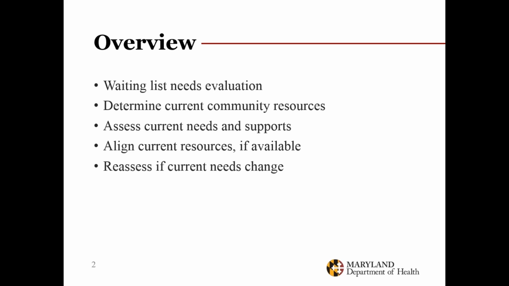This tool is used as a waiting list evaluation, helps to determine current community services and resources, assess current needs and supports that a person might have, align current resources if available, and is used to reassess if current needs change.